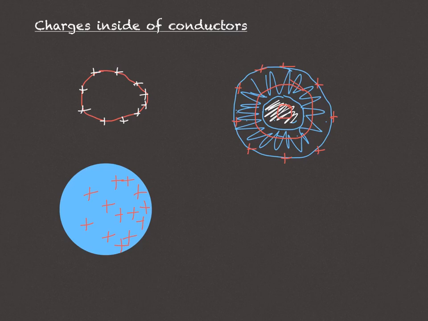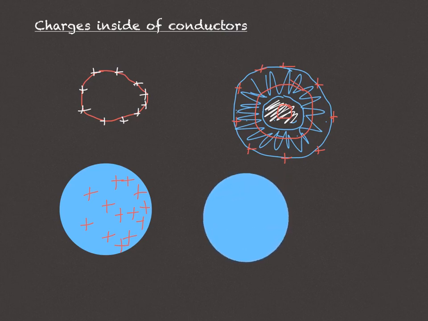Now, what we're going to look at is symmetrical distributions throughout insulating spheres. So we won't have one side that has a greater density than the other side. What we can have, though, is a variation of the amount as we go from the center outward.